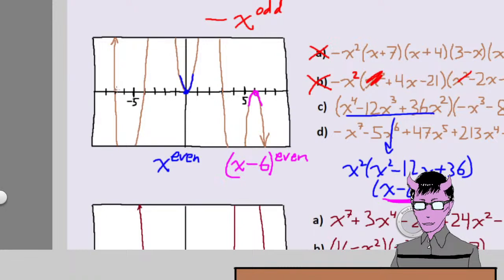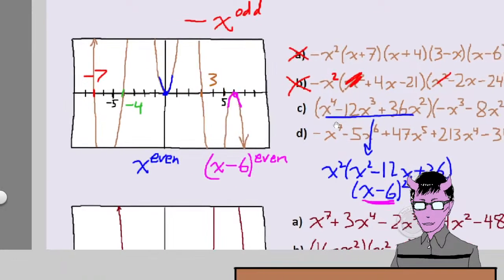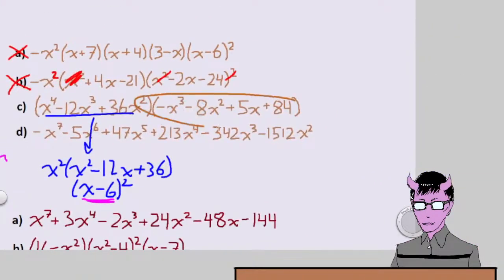So let's keep track of those ones. We have a 0 candidate at -7, at -4, and then at +3. So rather than doing guess and check, we could just simply extract these values and jump straight to the synthetic division. So let's do that.